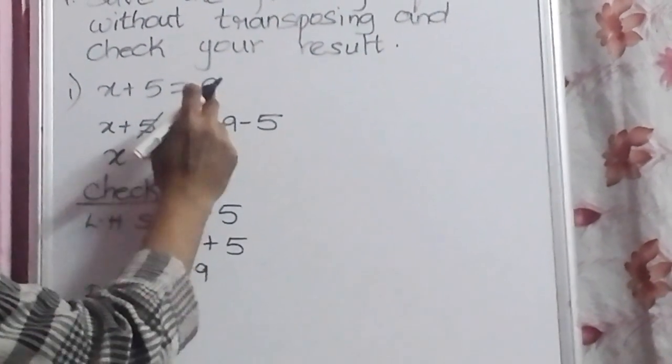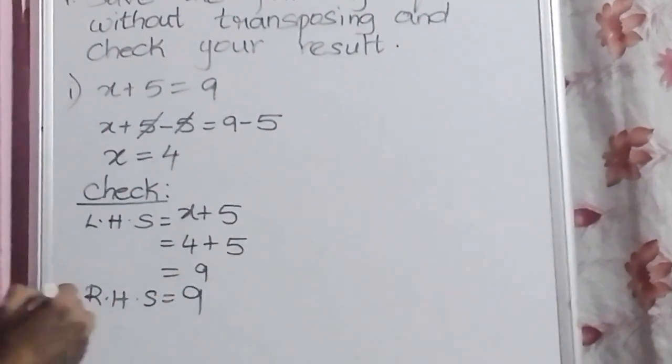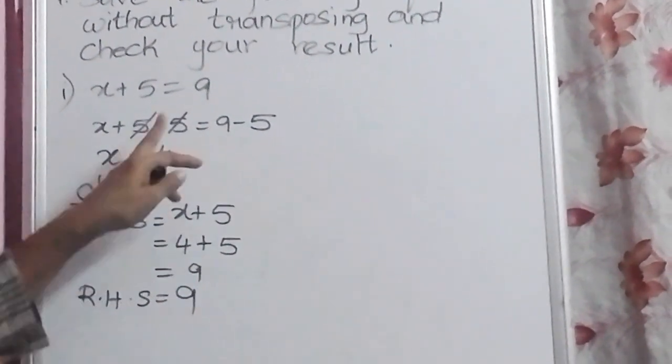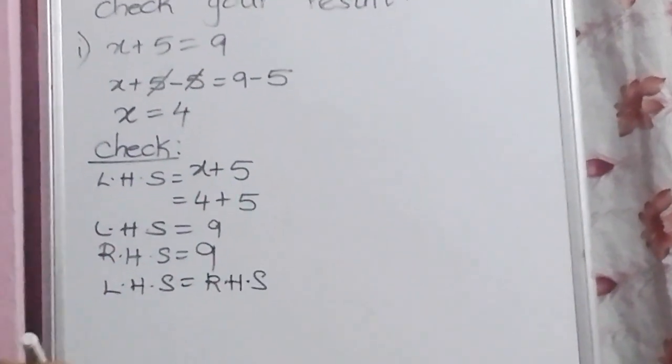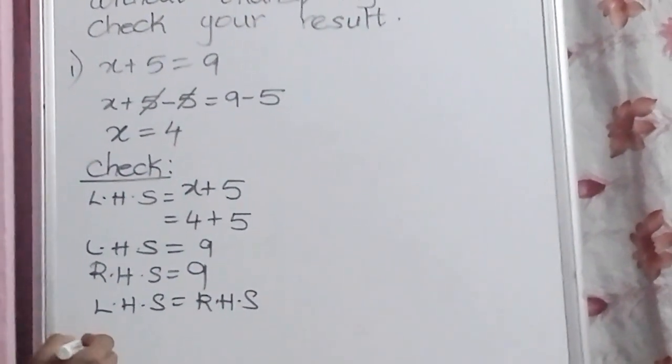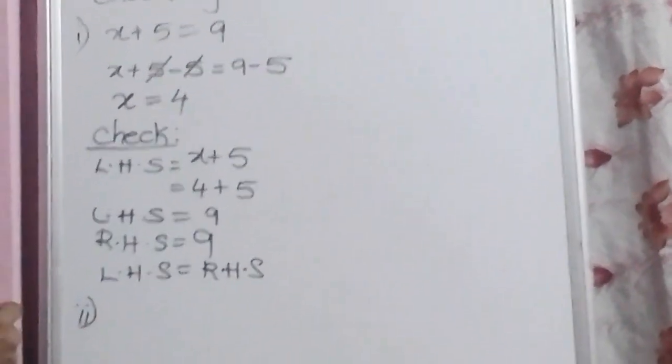What is the value of RHS that is given there? It is 9. So here we know that LHS is equal to RHS. So what we have found out? The value of x is equal to 4. That is correct. Now let us do the second problem.